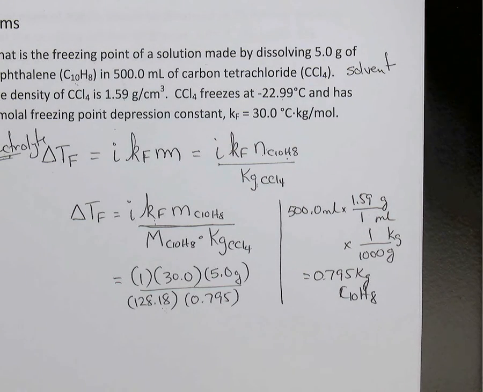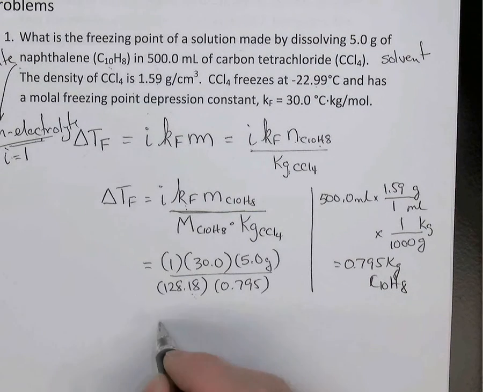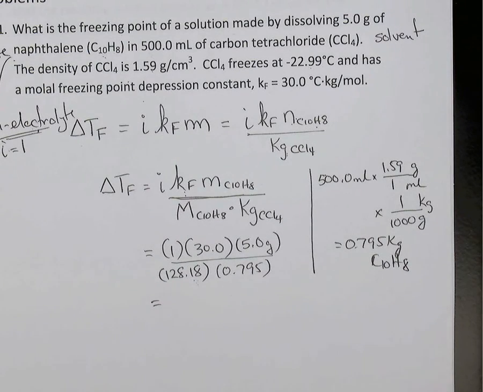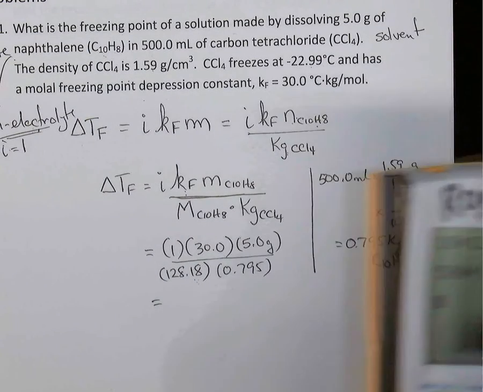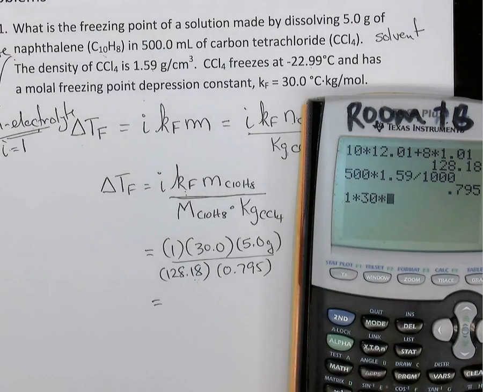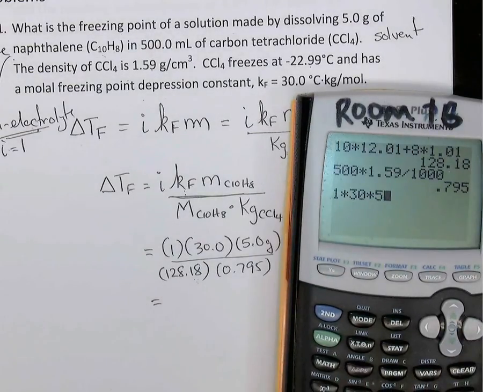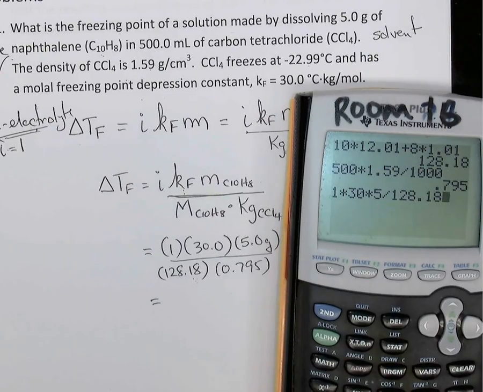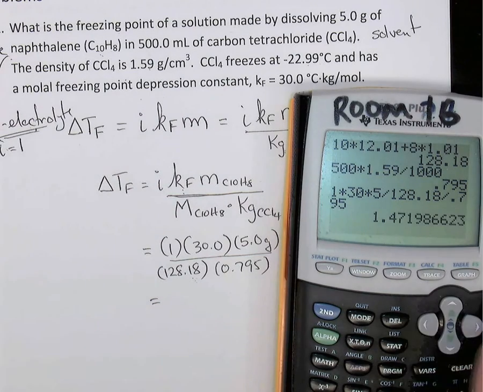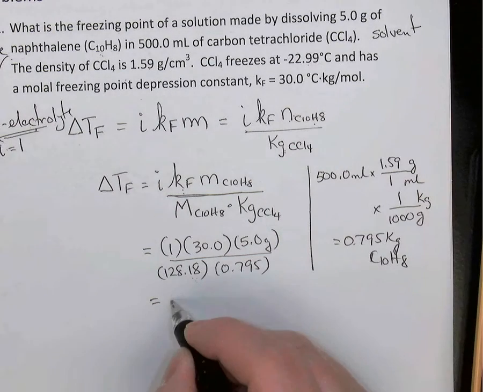All right, so now we can evaluate delta Tf. We can calculate the change in the freezing point. With our calculator, we'll go 1 times 30 times 5, then divide that by 128.18, and divide again by 0.795, and we get 1.47 degrees Celsius.